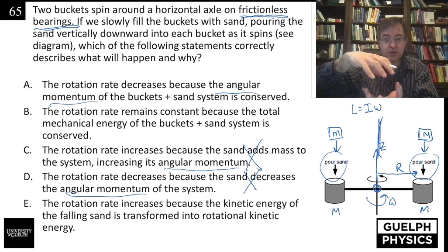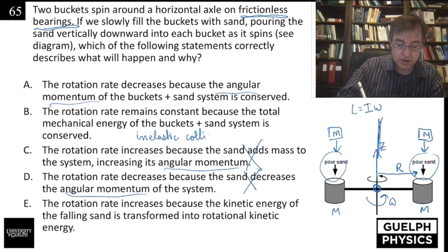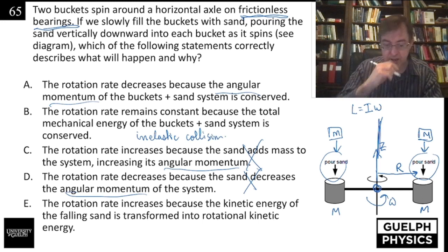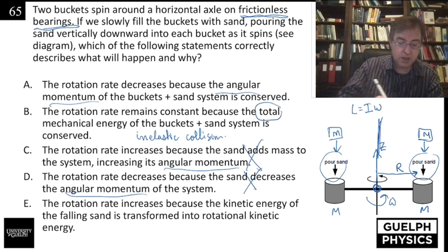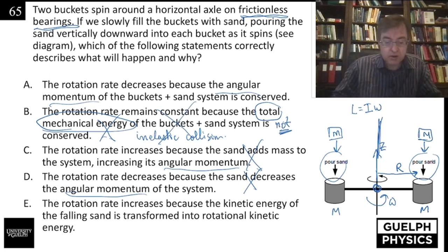There's a lot of dissipation in the sand. And so this is actually an inelastic collision, and so it's more than likely that the total mechanical energy of the system is not conserved. Okay, so this is not correct.